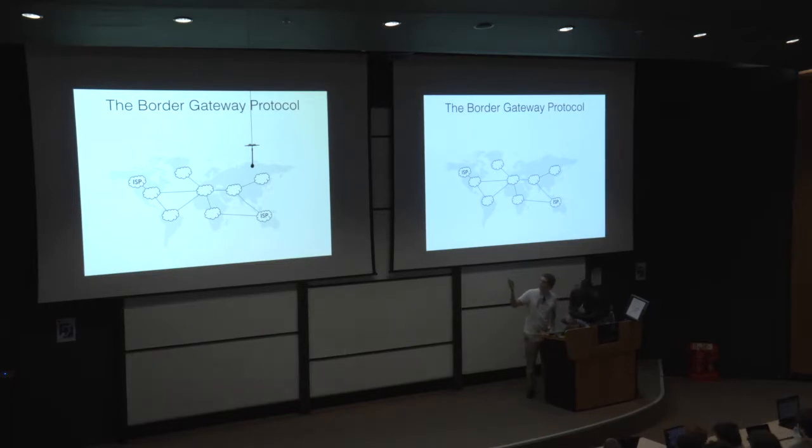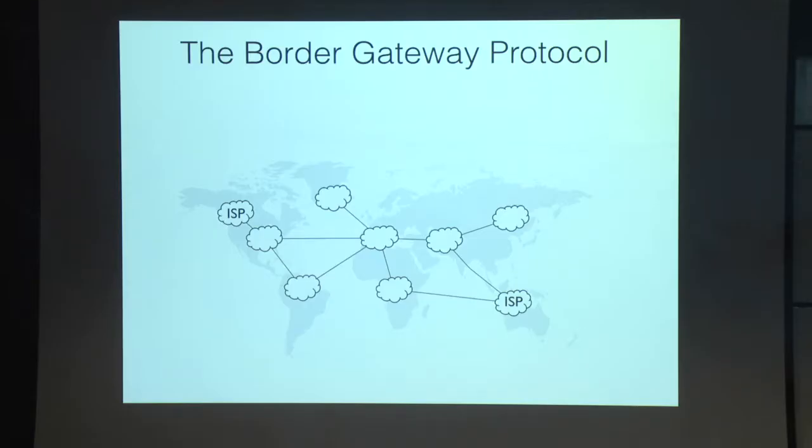Okay, so I gave you a very high-level overview of what my problem was, but let me be more specific about the actual problem that I was trying to solve. To understand that, let me talk to you a bit about how the internet actually works, and in particular, the Border Gateway Protocol.